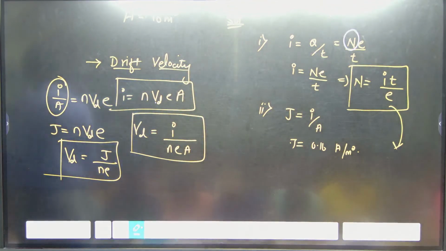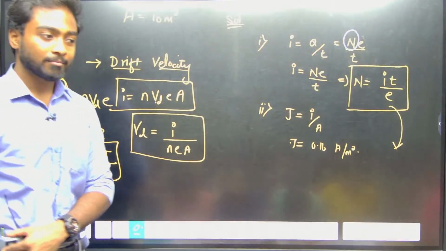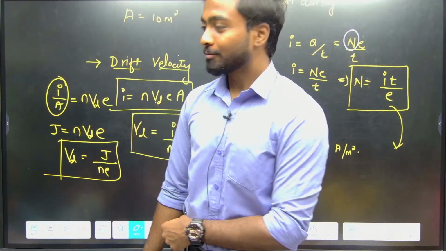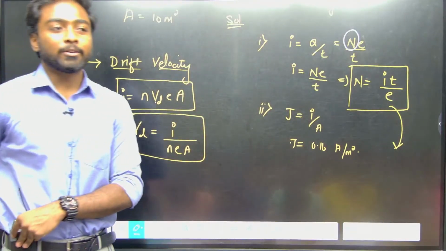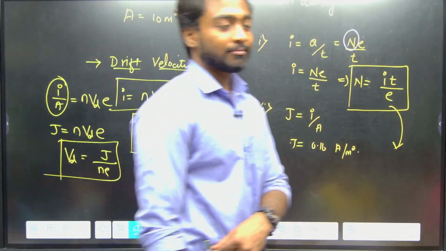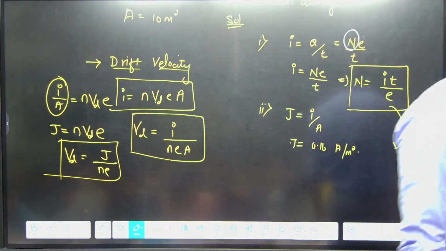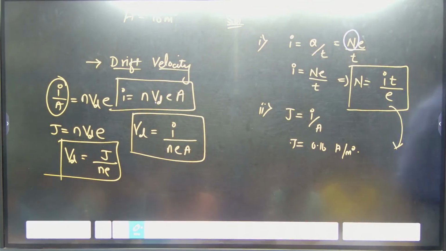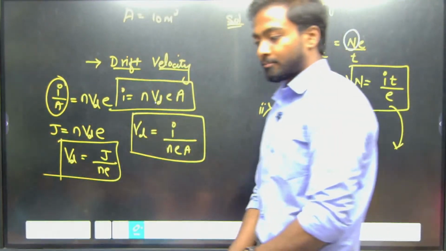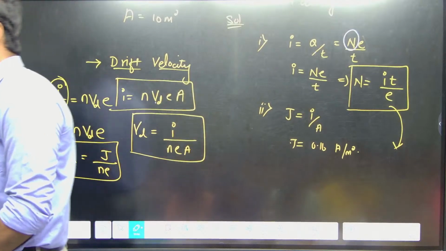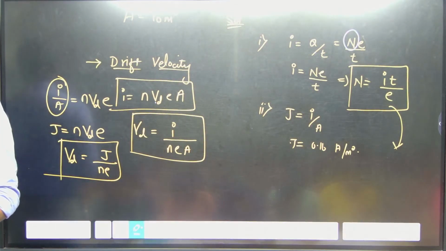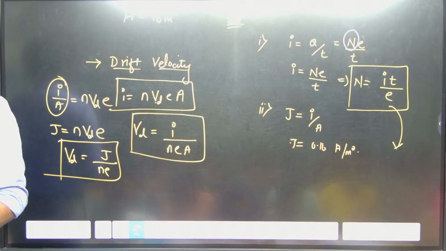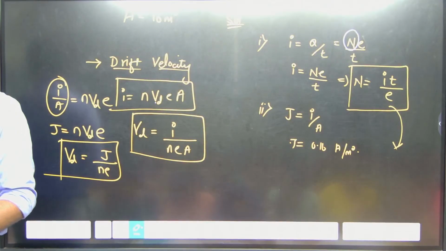0.022 into 10 power minus 2. Fine. 2.2 into 10 power minus 4. Correct. Then got the answer.